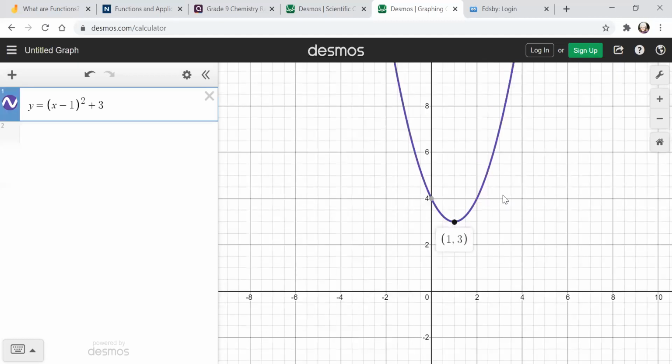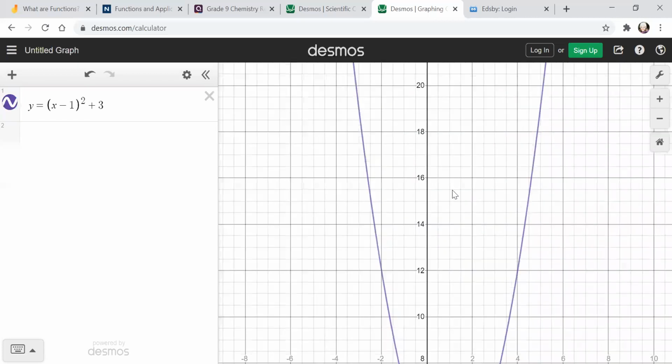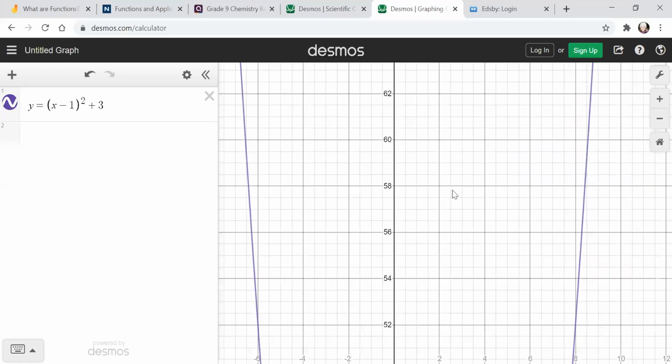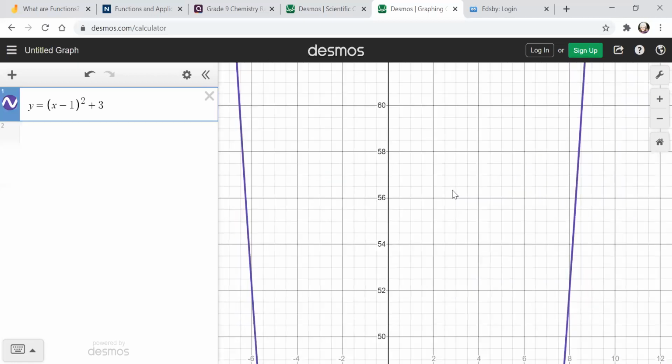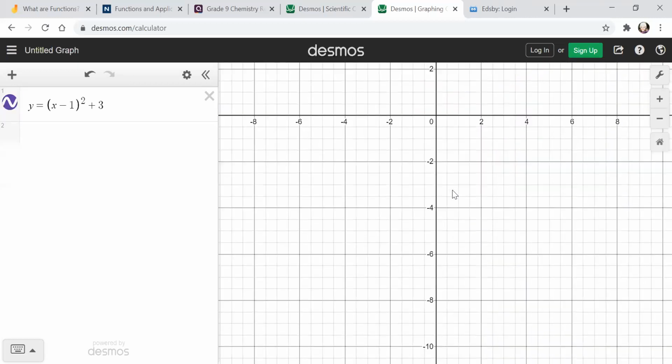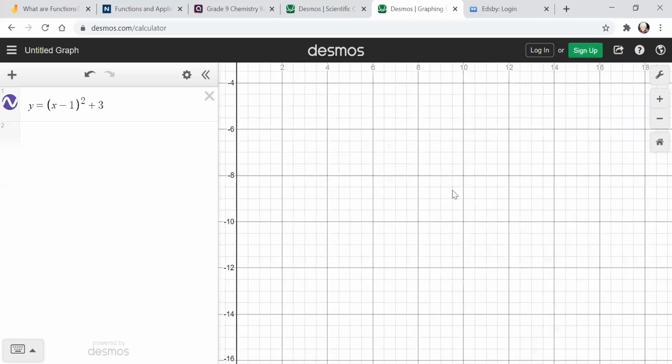So it doesn't exist down by the x-axis, right? So if you look at my vertex, if I scroll up this way, you can see the parabola is opening up. It's like it's going into outer space, up, up, up to infinity and beyond, right? But if I go back to my vertex, does the parabola exist down here? Do you see it down here?